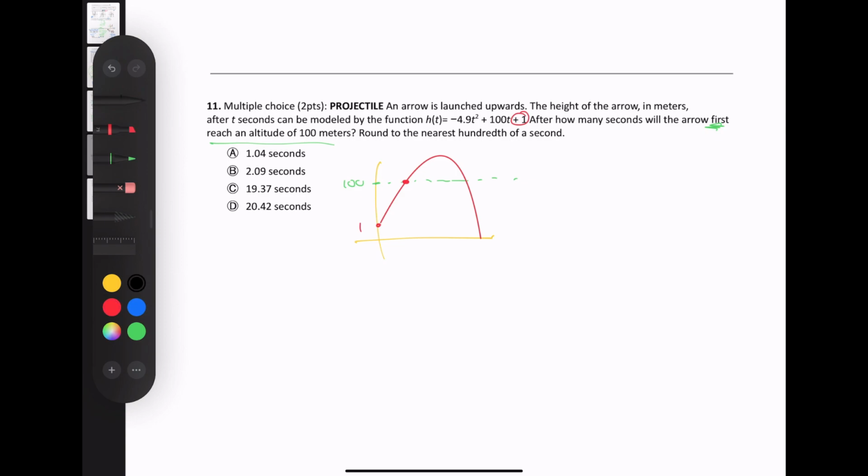So I can just copy the equation. H of t equals negative 4.9 t squared plus 100t plus 1. Well, they want the height to be at 100. So h of t equals 100. And I'm going to change these to x's. So x is equal to time, y is going to be equal to height.